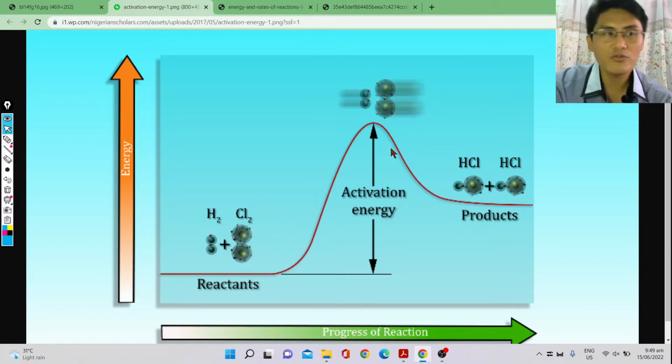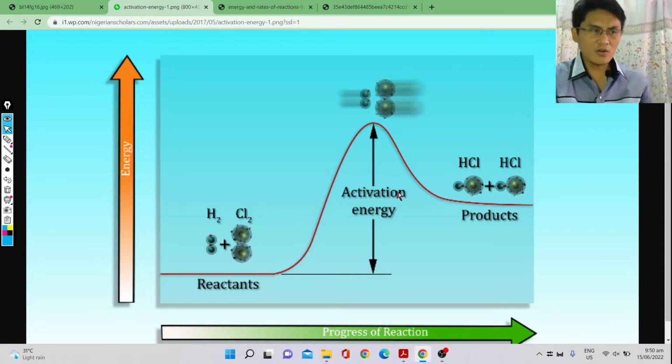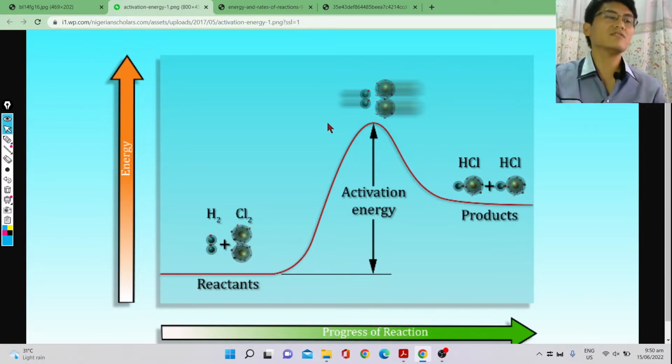And number two, to form the new bonds: the bond between H and Cl and the bond between H and the other Cl. Right? So it requires an activation energy. And if you notice, the activation energy is quite high compared to the energy of the reactants and the energy of the products. In this case, this is the energy of the reactants. You supply it with an activation energy, it reacts, and then the energy goes down and forms the products.